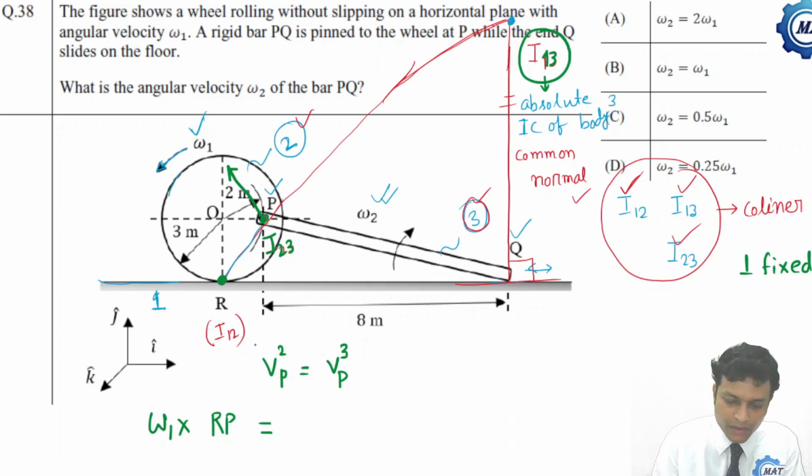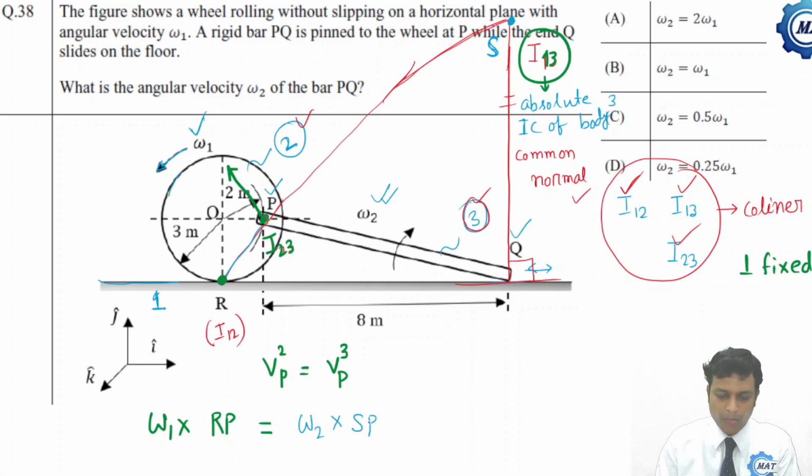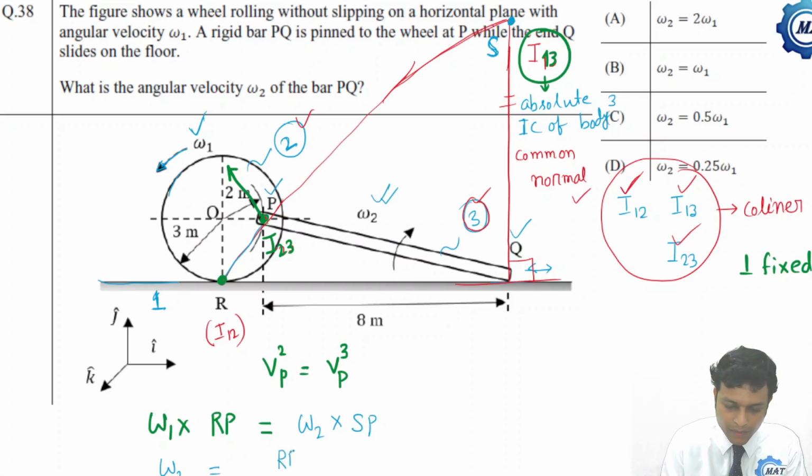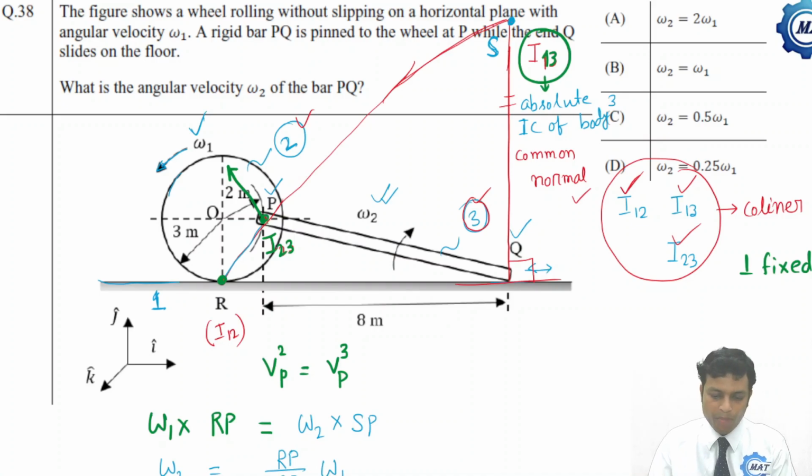This point we have denoted PQR, and that is S. This point is S. So omega 2 into SP. Now omega 2 is RP by SP into omega 1.